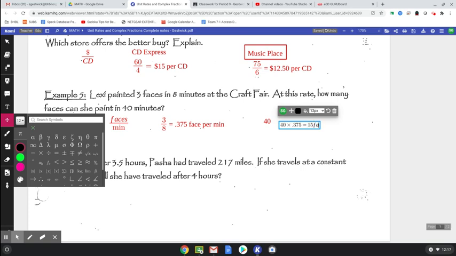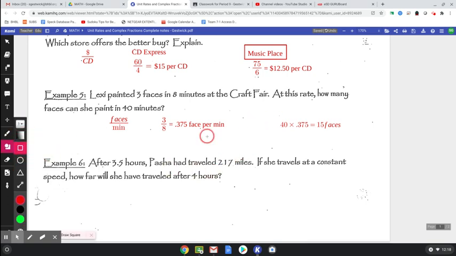So she can do 15 faces in 40 minutes. Let's make this bigger for you. All right, and like I said, there's other ways to figure this out. We're trying to use the unit rate. That's the idea. So we're trying to figure out how many per one thing and then use that to figure it out.